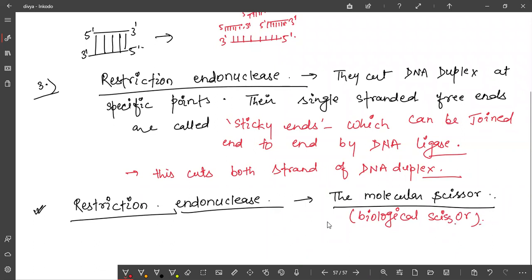And this enzyme was first discovered in bacteria. So restriction endonuclease was first discovered in which organism? Bacteria. Okay.